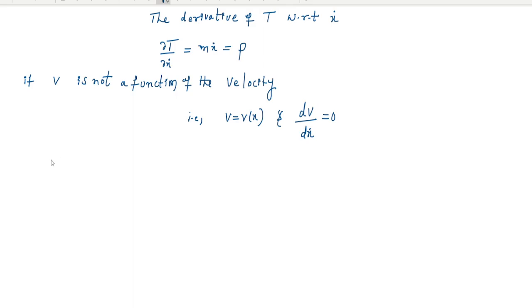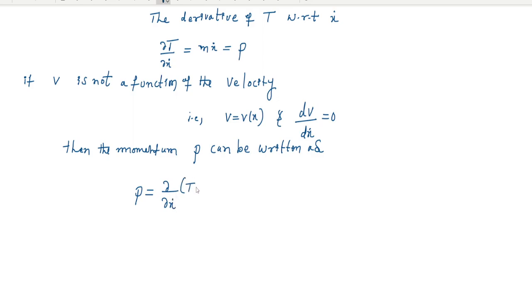Then the momentum P can be written as P equal to the partial derivative of (T minus V) with respect to x dot, because we know the Lagrangian L equal to T minus V. So this is equation number 2.